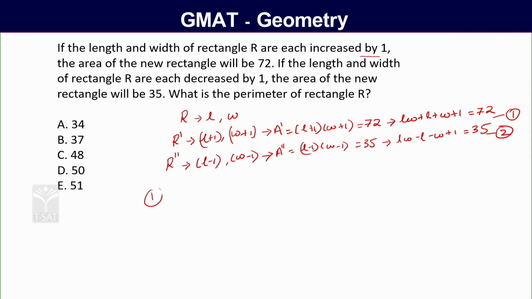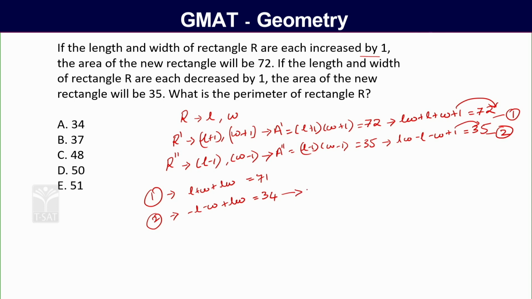So from equation number 1 you have L plus W plus LW, taking plus 1 to the other side, you have 72 minus 1, which comes out to be 71. And from the second equation, by taking 1 this side, you have minus L minus W plus LW is equal to 35 minus 1, which will be 34.